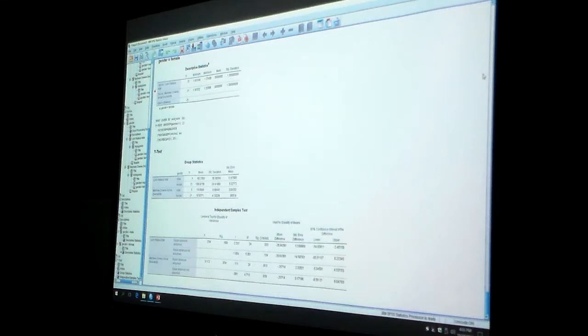Okay, if I take that, my pooled variance is going to be 25.503.